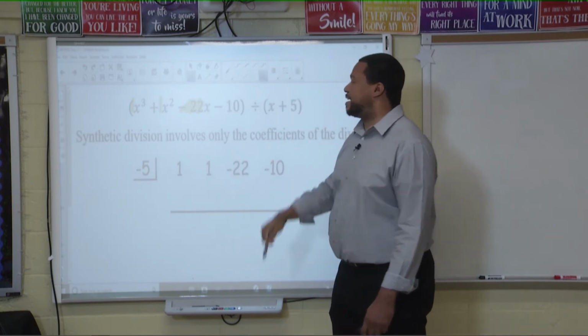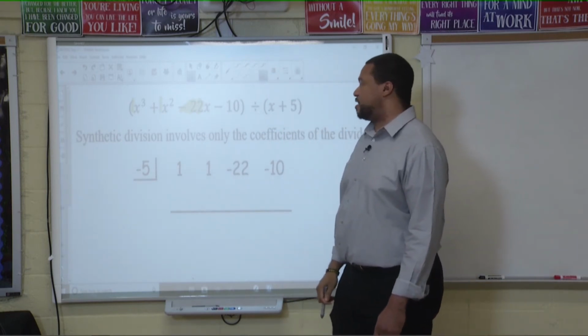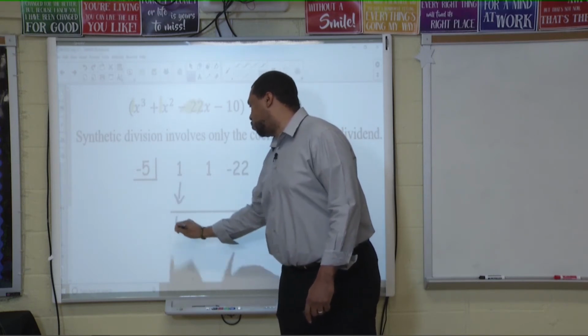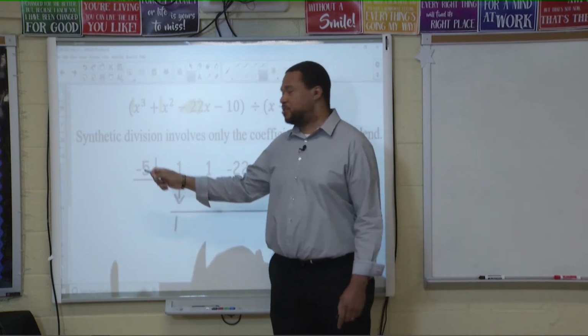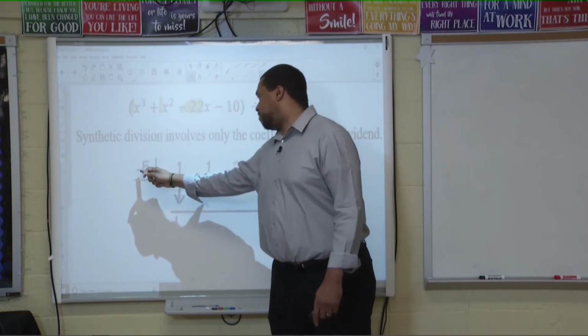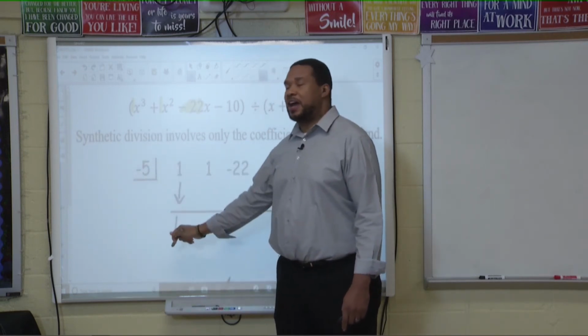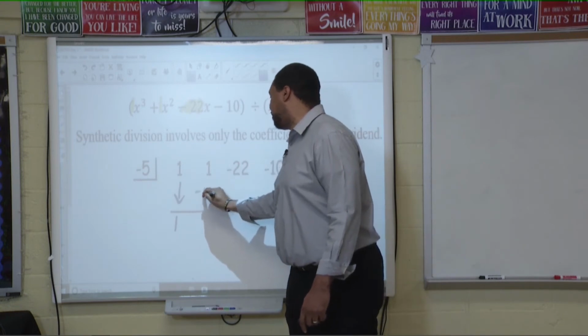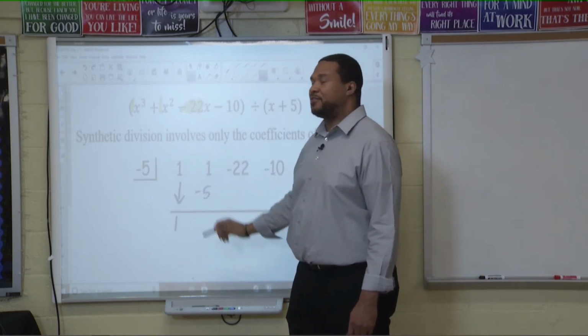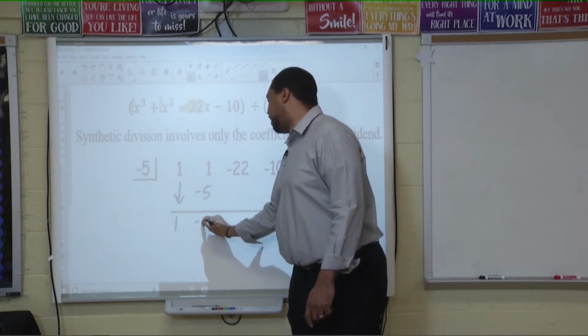So now the process in doing synthetic division is you bring the first term down. So this is 1. You multiply the term here by your dividend. Negative 5 times 1 is negative 5. And we add, 1 plus negative 5 is negative 4.